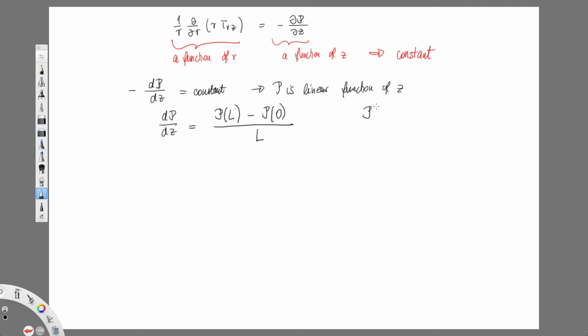So what is my P of L? That is the pressure that I said is actually given at the ends of the tube, my thermodynamic pressure. P0 and PL were given, minus rho g L, and my P of 0 was simply P0. So I can call this PL and P0 if you'd like.